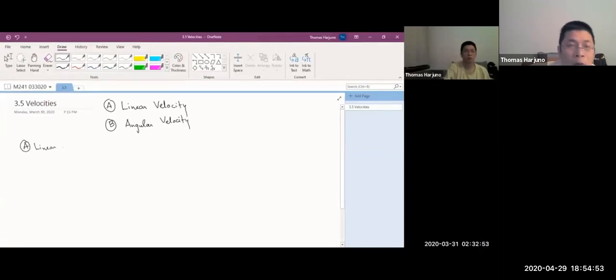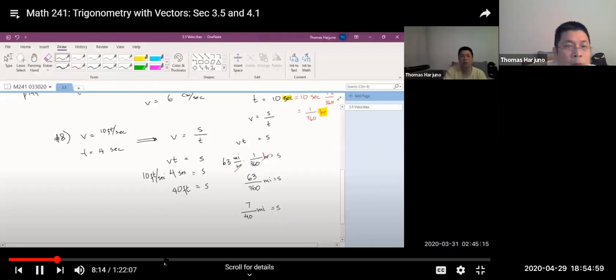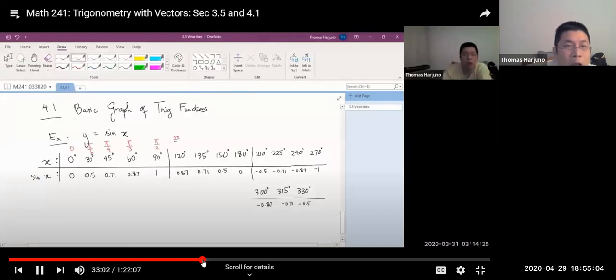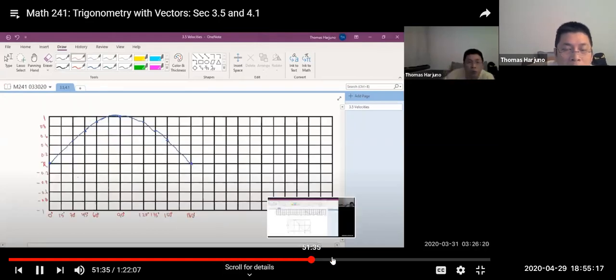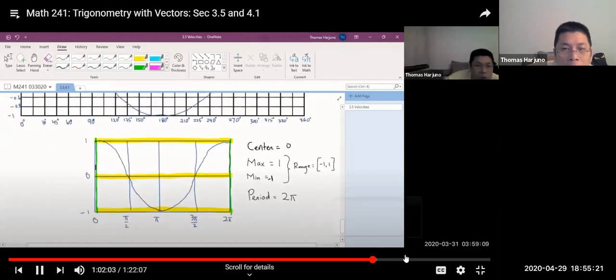Okay, now if you go on further, this is 3.5, still 3.5 for them. Now I go on to 4.1, basic trig functions. Especially this 4.1, I want you to take a look at how I do it. I basically graph the graph of sine, and then later on I graph the graph of cosine.